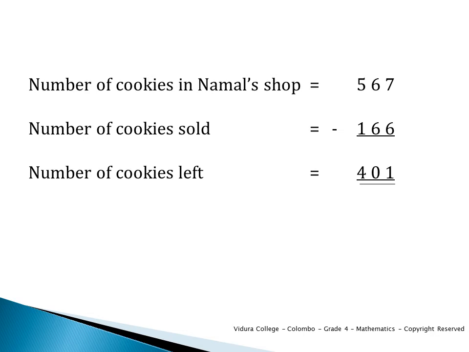Now you want to subtract 166 from 567. So the answer should be 401. So, number of cookies left equals 401.